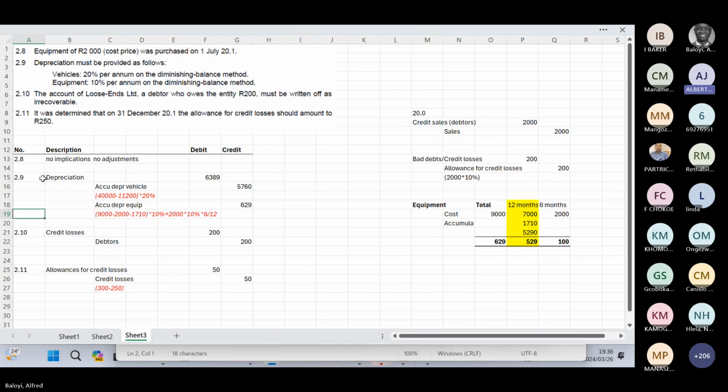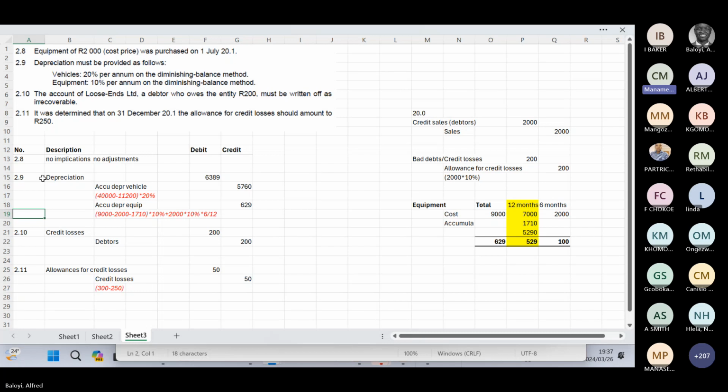Does it mean we only subtract the accumulated depreciation from the cost, and we don't have to be worried about the percentage? No, when you're using the diminishing balance, you'll either have the amount of depreciation already calculated, or they will give you the percentage. Oh, so they will give us the percentage. Yeah, in most instances you will get the percentage. Okay.